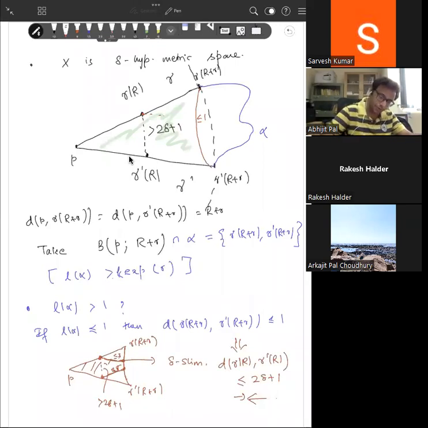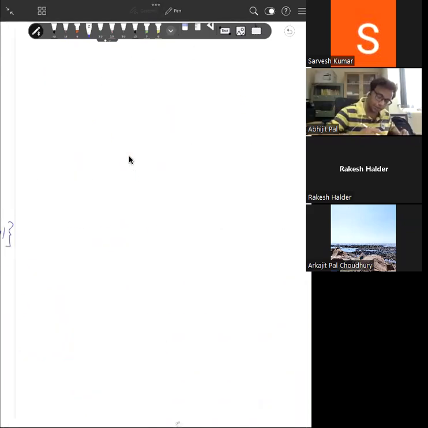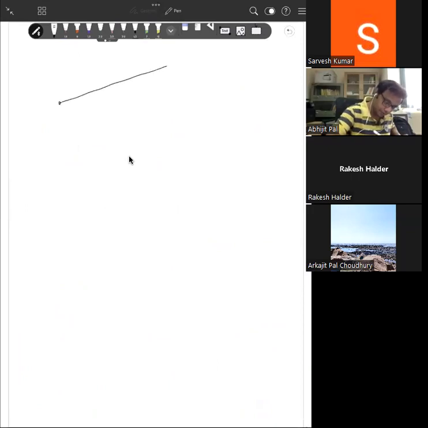So therefore, what we have is that the length of alpha is always greater than or equal to... So this part we have shown. So let me again draw this picture here.